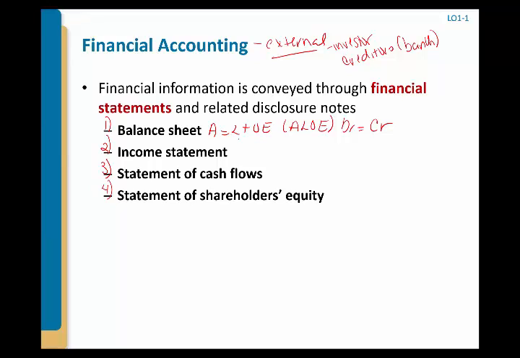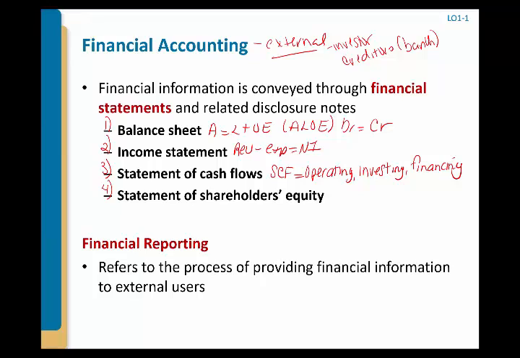In our income statement, revenues minus expenses equals our net income. And then our statement of cash flows is comprised of three activities: operating, investing, and financing.